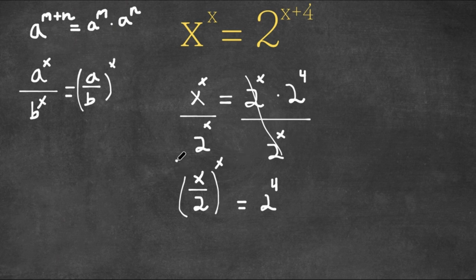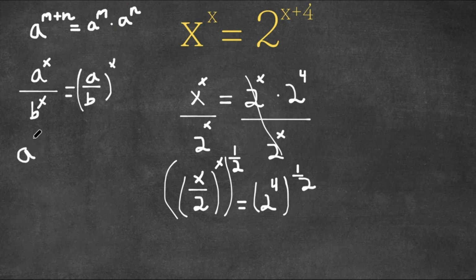Now what I'm going to do is take the power of 1/2 on both sides. Now if we have a to the power of m to the power of n, this is also equal to a to the power of m times n.